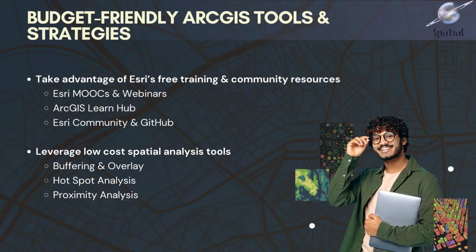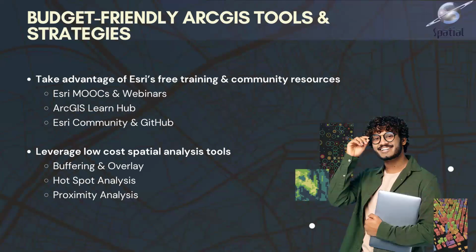And another thing that we'd want to encourage is to leverage the low-cost spatial analysis tools. And we have 3 of them listed here. We have the buffering and overlay tool. So this tool really helps you to identify relationships between geographic features. Like for example, find all schools within a 1 kilometer distance of a road.